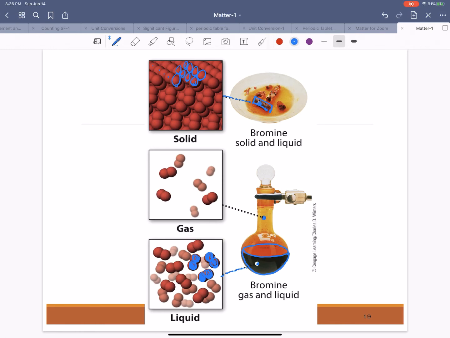If you focus on the gas, we can see that bromine is a diatomic element. Each smallest unit is 2 bromine atoms stuck together. So this element is molecular, and its formula is Br2.